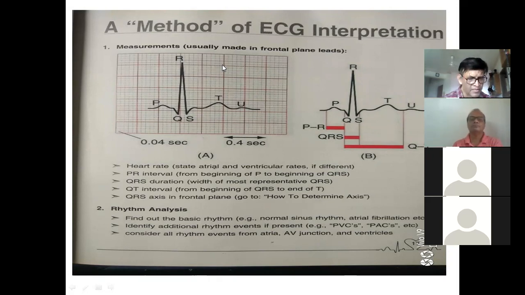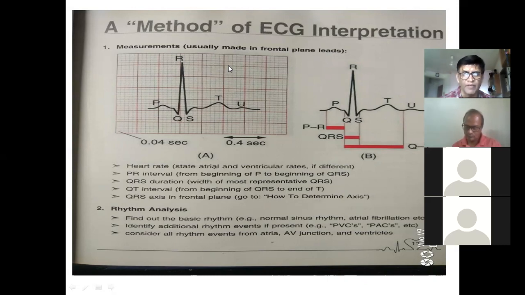If the patient's distance is 11 small squares, then the heart rate will be approximately 136. Write it down. It's a ready reference, which you keep in your clinic all the time, wherever the ECG machine is. If it is 11 here, correct?